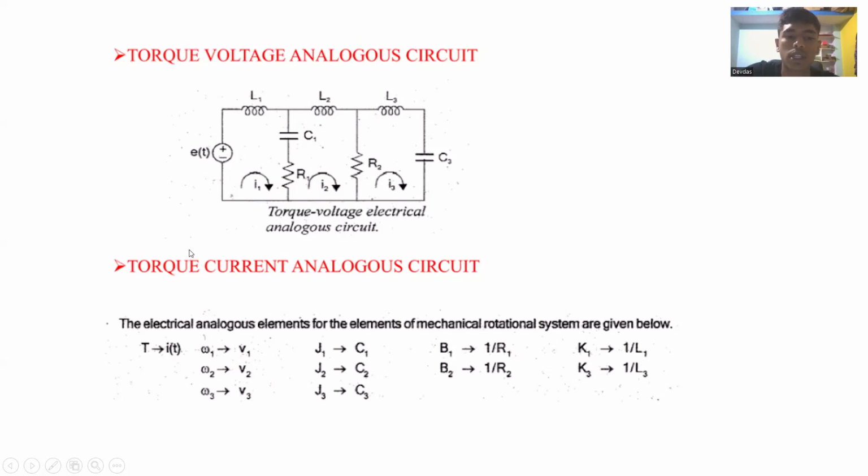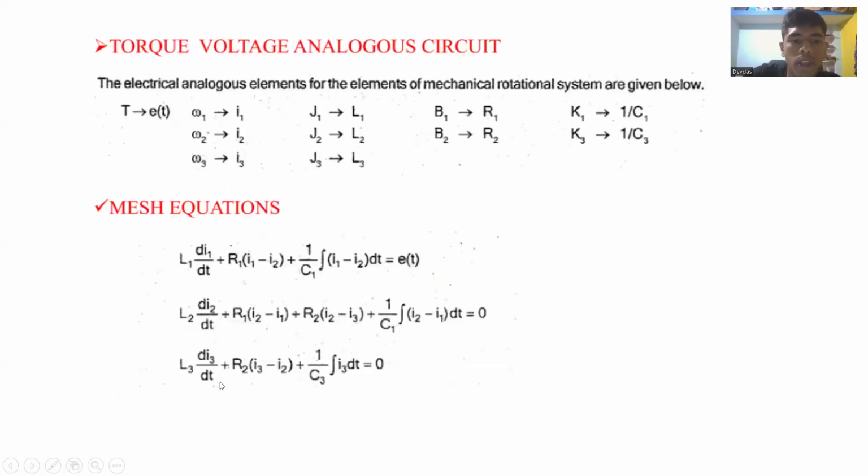Now let's go to the torque current analogous. This is similar to the voltage analogous, but the replacements or the conversions are different for each component of the mechanical system. So T is replaced with I of t. One more thing which I forgot to say is you can see that in this equation, as I said, E of t is linked or connected to only components of theta 1.